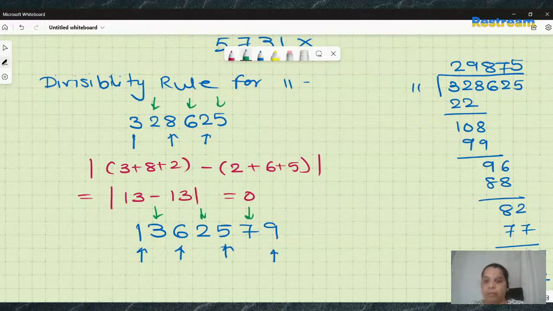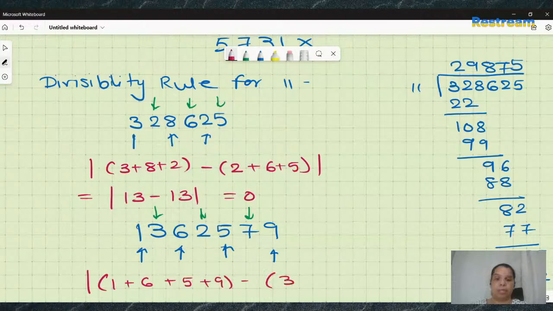So I have 1 plus 2 plus 1 plus 6 plus 5 plus 9 minus 3 plus 2 plus 7.